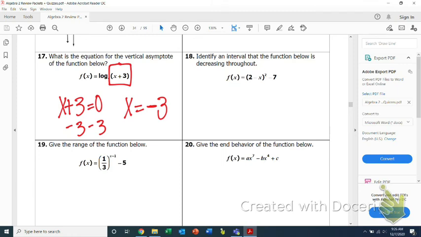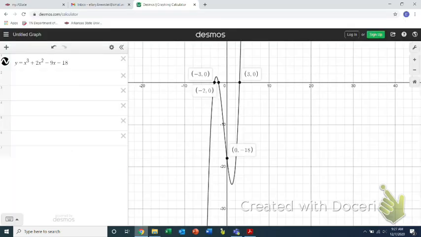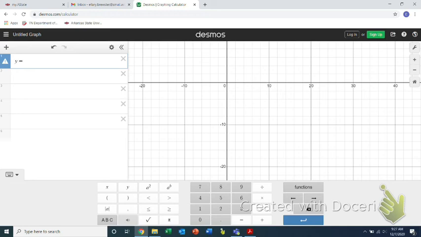All right. On number 18, identify an interval that the function below is decreasing throughout. y equals parentheses 2 minus x squared minus 7.